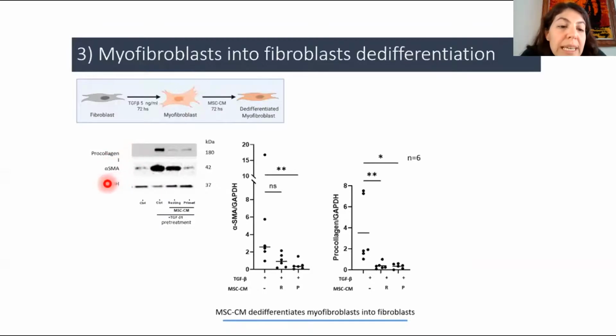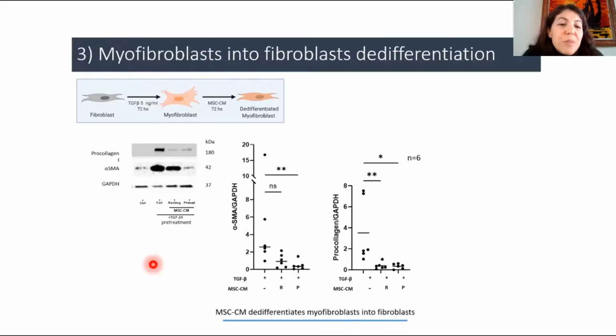Here I'm showing again the images that we obtained from the Western blot. And here we can see a reduction in both alpha-SMA and procollagen when the fibroblasts were treated with conditioned media from either resting or primed MSCs.